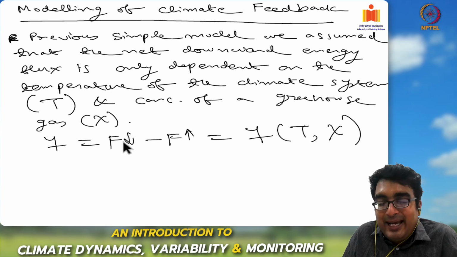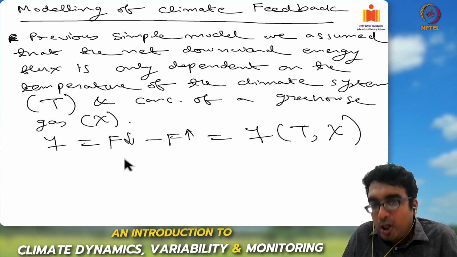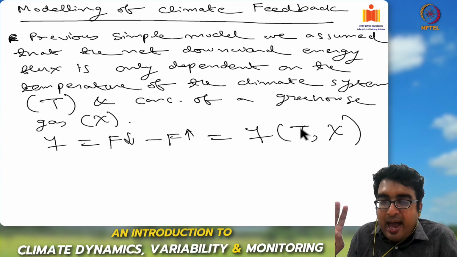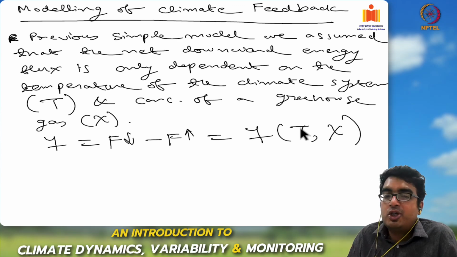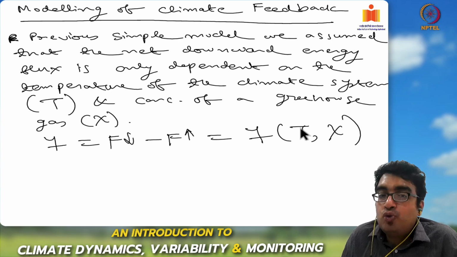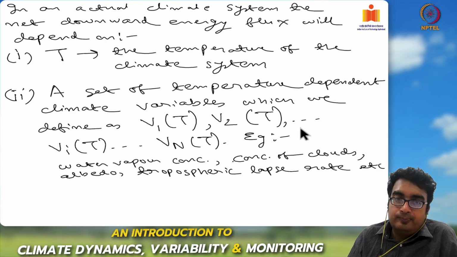That is, the net downward flux is the incoming absorbed short wave radiation minus outgoing emitted long wave radiation at the tropopause level, which is a function of the temperature of the climate system and the one greenhouse gas concentration alone. Alright. Now this is not really true, as we know.